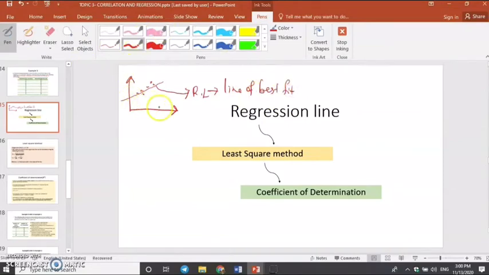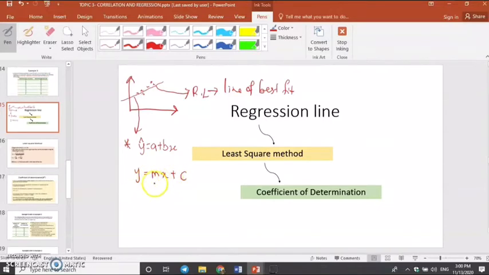From this line, what you need to do is find the equation. Our aim is to find the equation yang mana equation kita should be y hat equals a plus bx. Ataupun dulu you already learned in mathematics, y equals mx plus c.